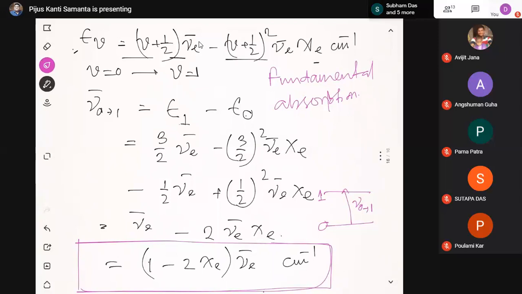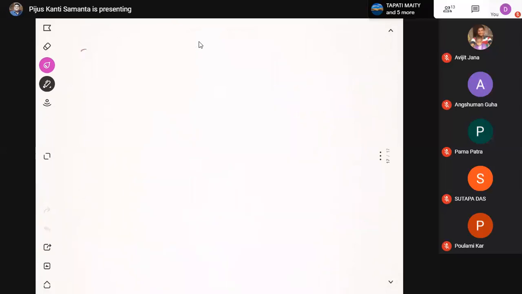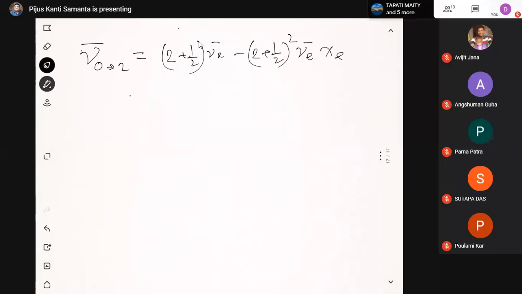Now, if you write, it will take nu 0 to 2. How will it look? So we take 0 to 2. How much will it be? Now if you put 2 over there, so this will be 2 plus half nu bar minus 2 plus half square nu bar chi e minus this 0.